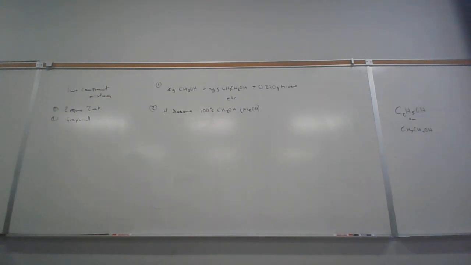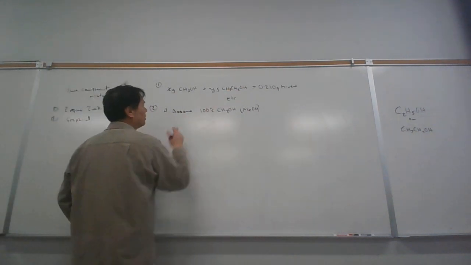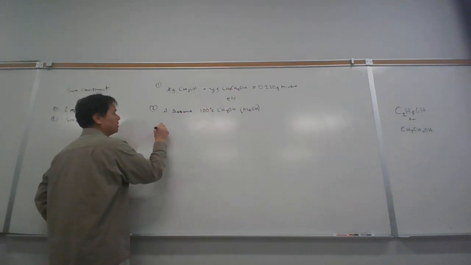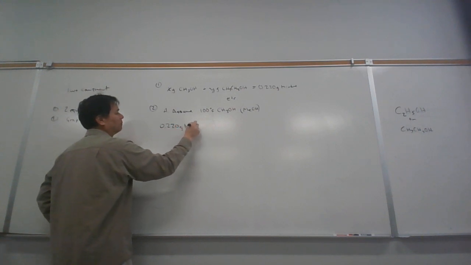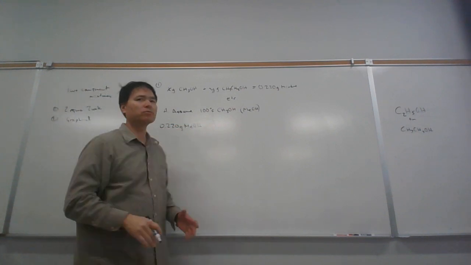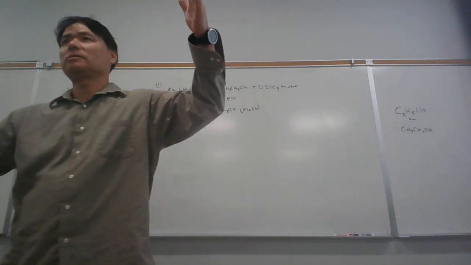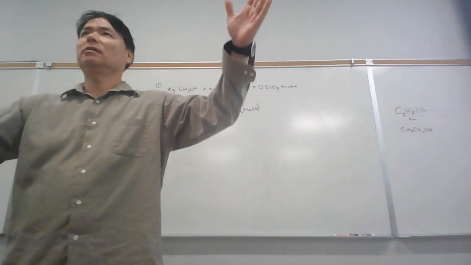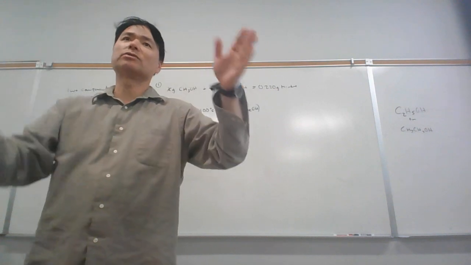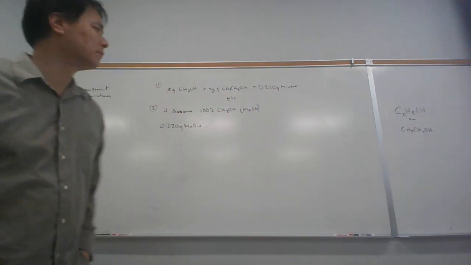Me is the abbreviation for methyl. If it's 100% methanol, then all 0.220 grams will be methanol. So we're just calculating it at the extremes, and then the mixture should be somewhere in between the two extremes, which we can figure out.